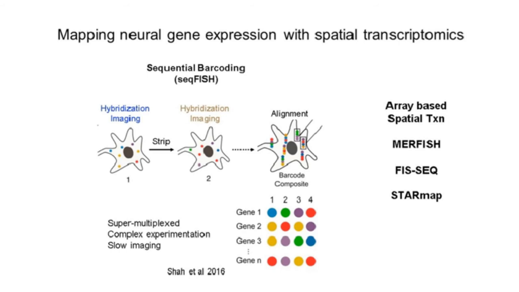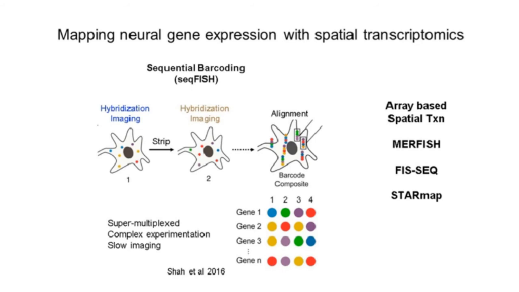For example, in one of these newer approaches called sequential barcoding FISH, or seqFISH for short, you use a temporal barcoding strategy where the aligned combination of RNA spots from every cycle is unique to each gene.